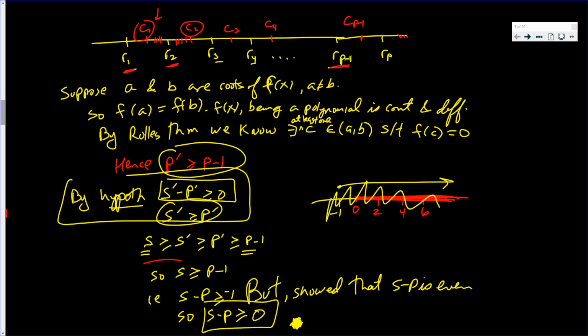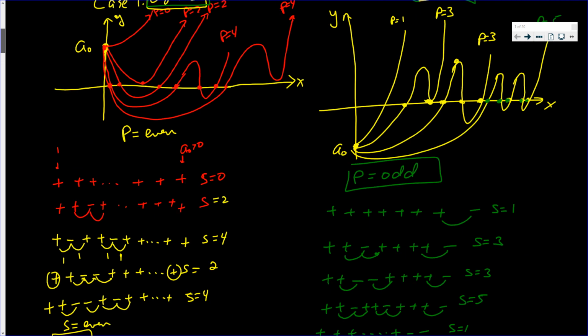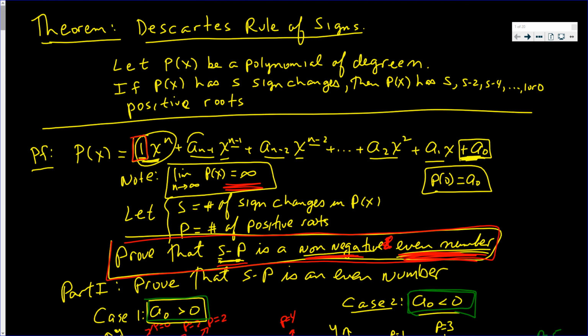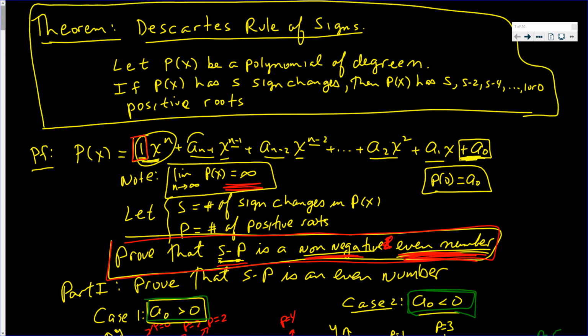Descartes' theorem. Now you may say, well, you didn't do the proof for negative roots. In my opinion, that shouldn't be and probably isn't in the full statement of the theorem. This is the theorem. A consequence of this theorem is the negative.